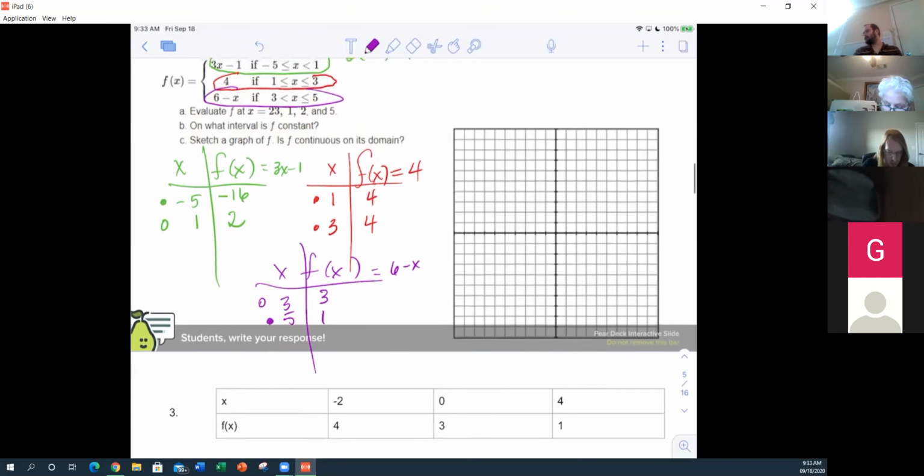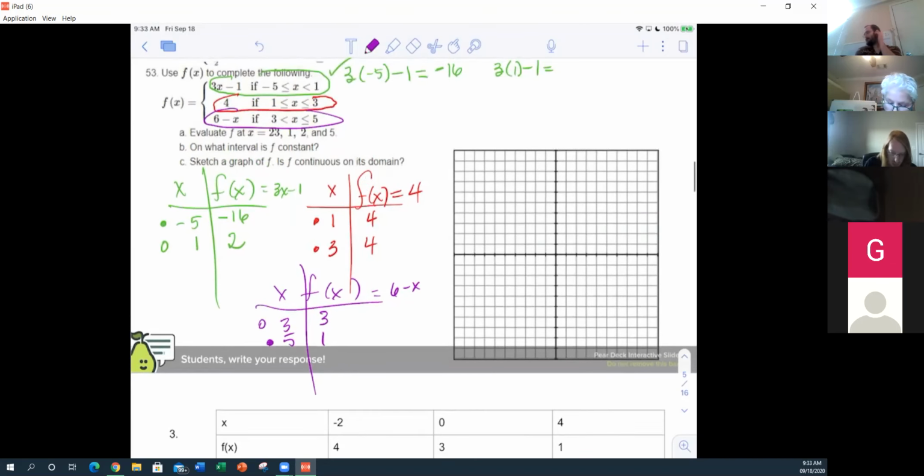All right, so now let's graph these. I think the last piece of paper had the graph. Yeah, there we go. Okay, so -5, 1, 4, 5. -16 is going to be way down here. And then 1, 2, and that is an open dot.